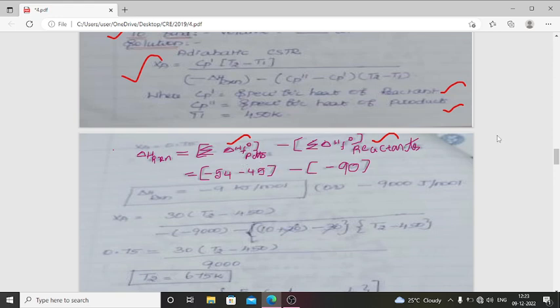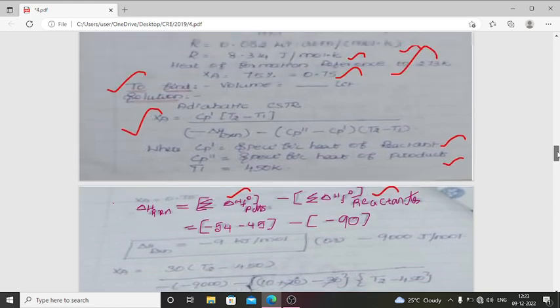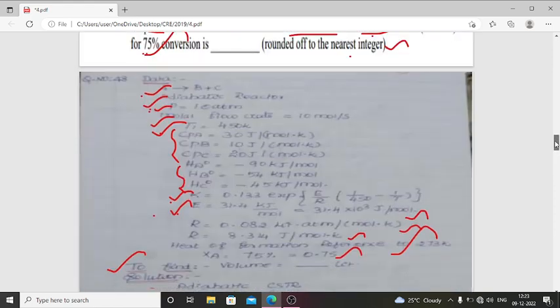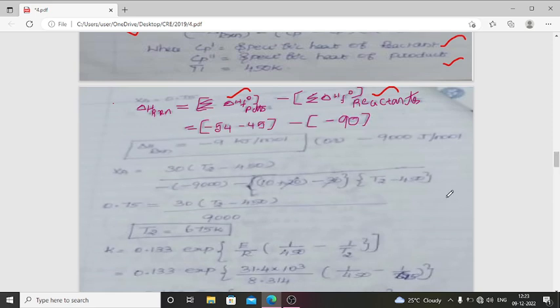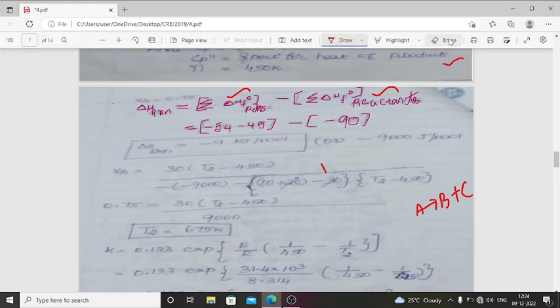Our reaction is A gives B plus C. A is the reactant, B and C are products. So there are 2 products and only 1 reactant. So here we should take B and C as products.